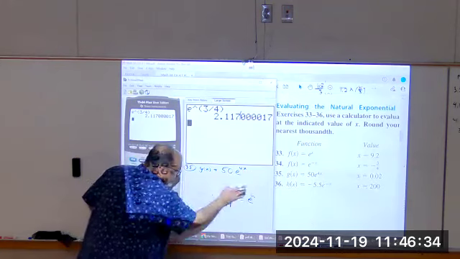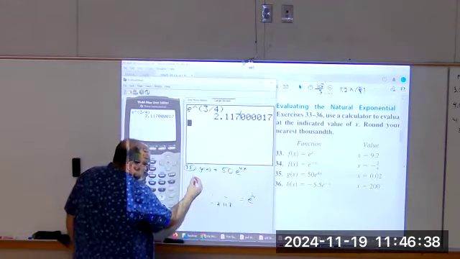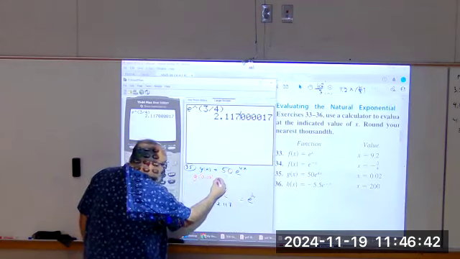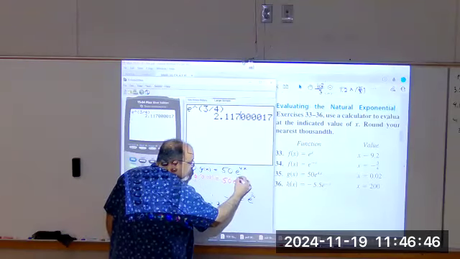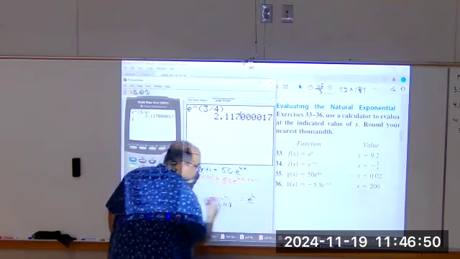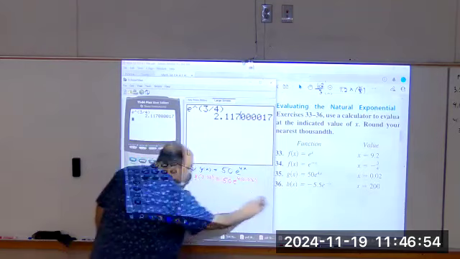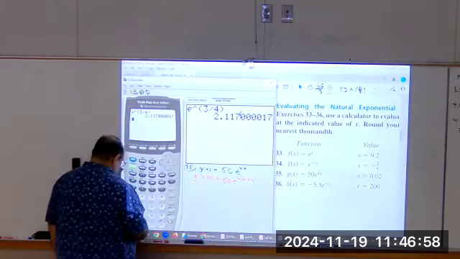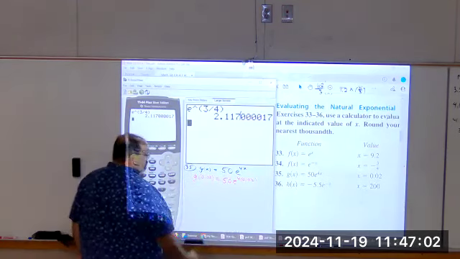So we want x to equal 0.02, g of 0.02. So that's 50 times e to the 4 times 0.02. If you can simplify that before you plug it in, you should. Otherwise, you could type it in just like that.